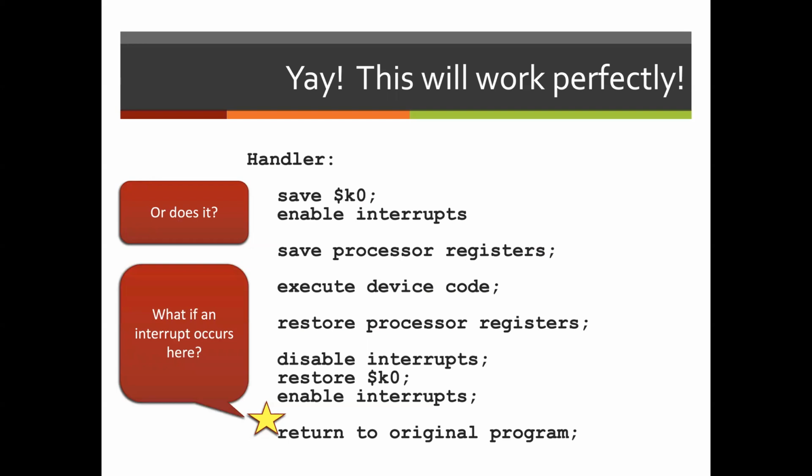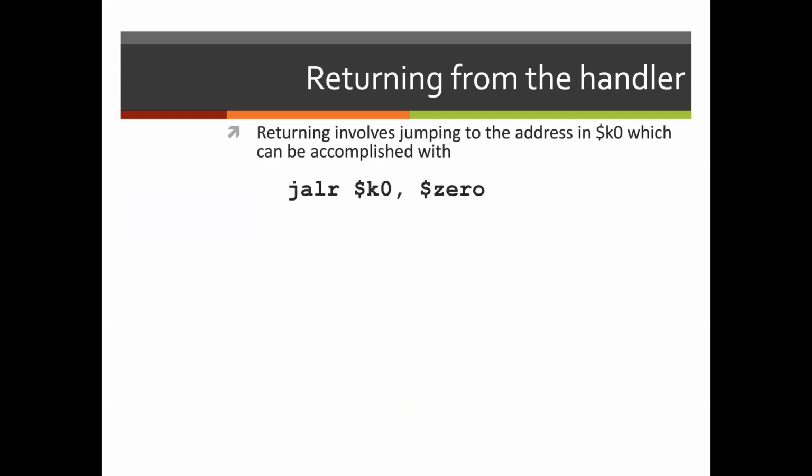But what happens if an interrupt occurs before our return to the original program? We can handle this by having an appropriate jump to address K0, and that can be accomplished using our jump instruction.